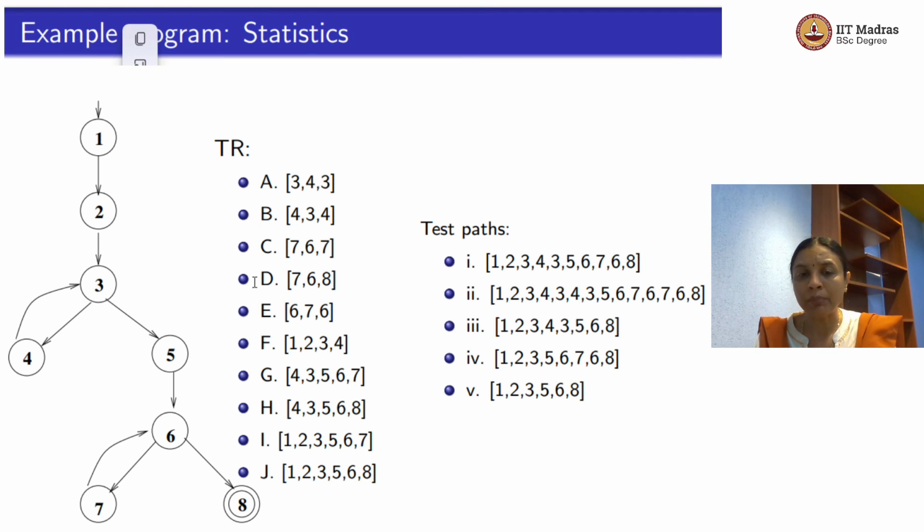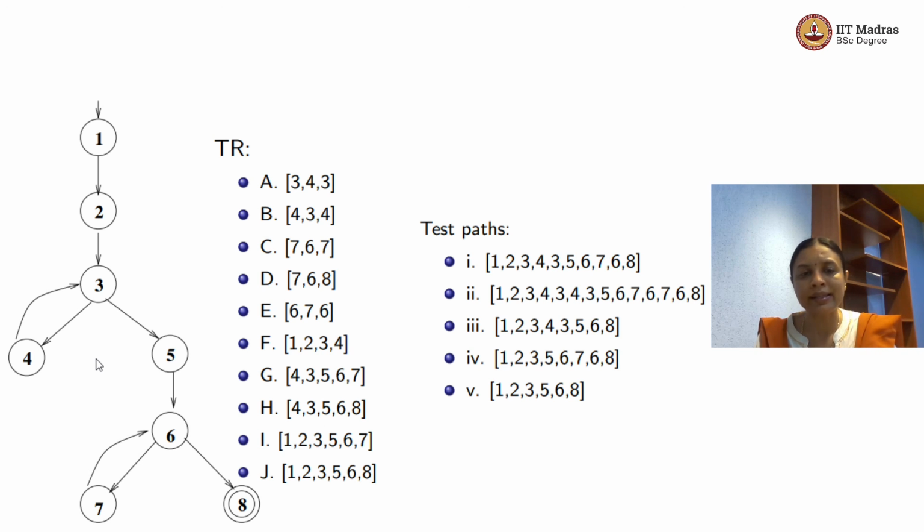So all the prime paths here, 10 of them, correspond to executions of this control flow graph where the for loops are visited and skipped. There are 2 for loops, both of them are visited, both of them are skipped, and for this we have 5 test paths that we can derive to cover these prime paths. When you do prime path coverage, you will realize that this example program has a small error.